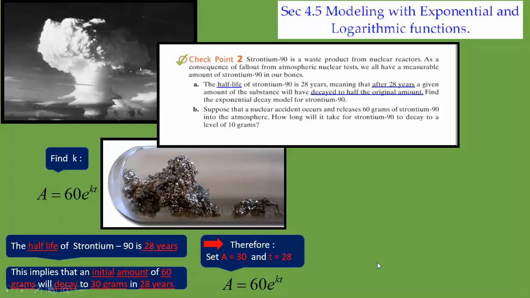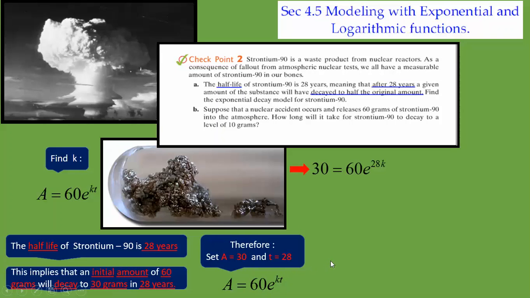So that means that if the half-life is 28 years, we know that the value of A must be 30 when t is equal to 28, because we had an initial amount of 60. When we wait 28 years, we know that amount of 60 will decay to 30. So that means that we know that the value of A is equal to 30 grams.